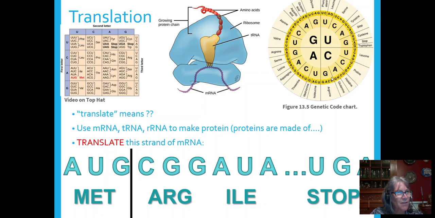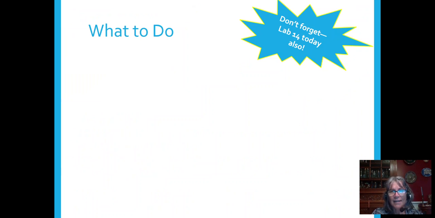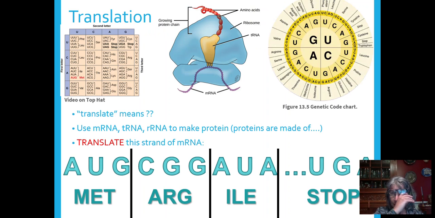And then I find my third letter in the final one, which is another G, arginine. So I continue, methionine, arginine, isoleucine, on and on and on until I get that stop codon. Remember, I have three stop codons, UGA, UAG, and UAA.